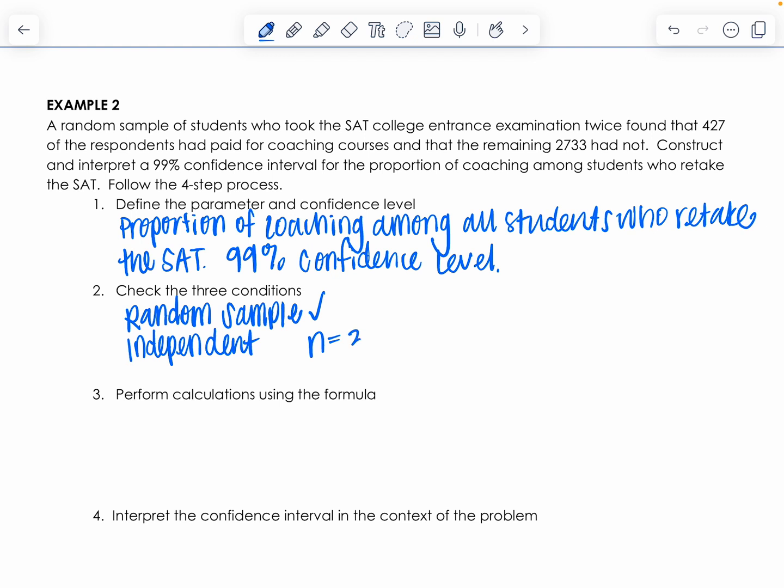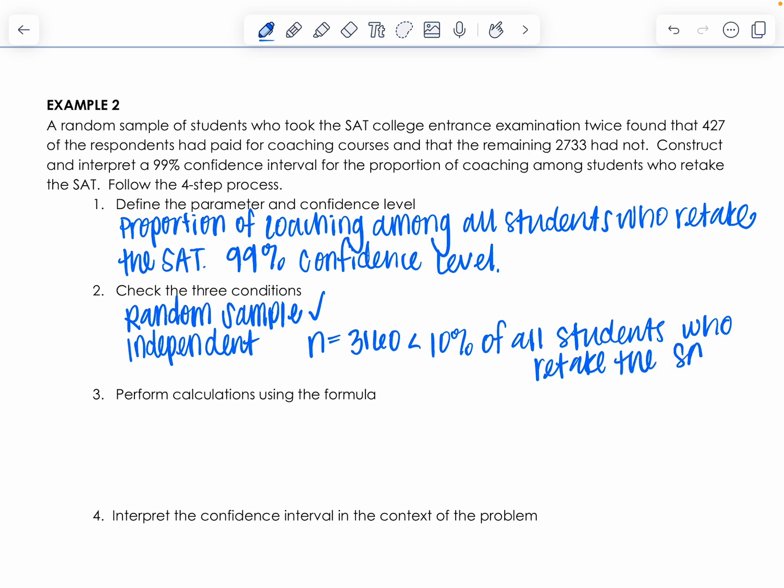So in total, we have 3,160, which I would say is definitely less than 10% of all students who retake the SAT. Okay, so independent, check, normal.